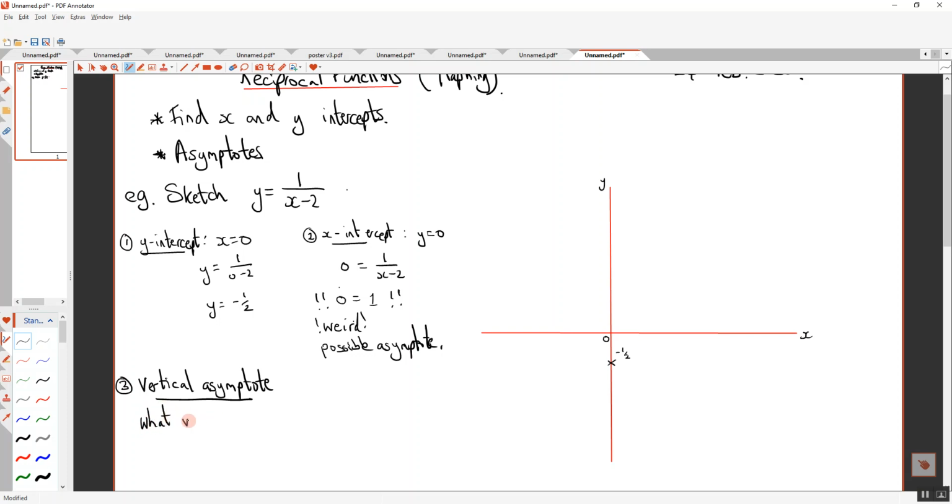And we're going to think to ourselves, what value of x does function y not exist? What value of x, if I substitute a particular number in for x, is going to make this function not exist? What's going to mess it up?